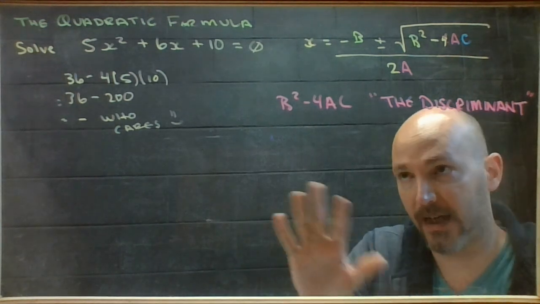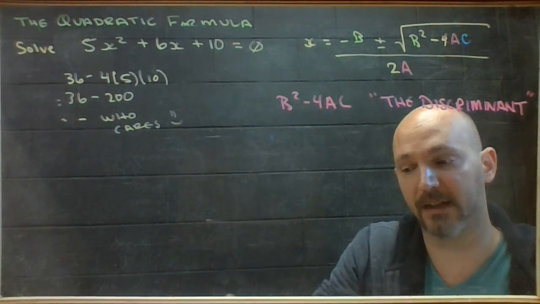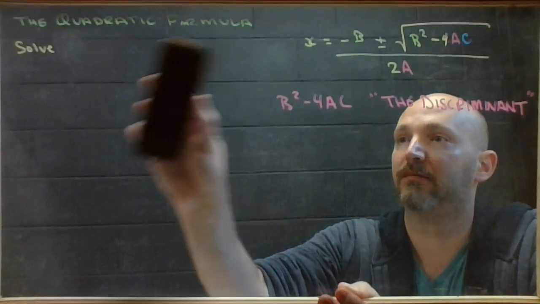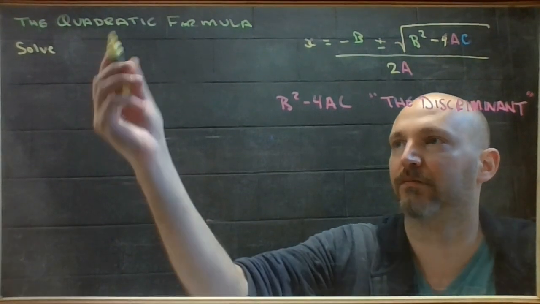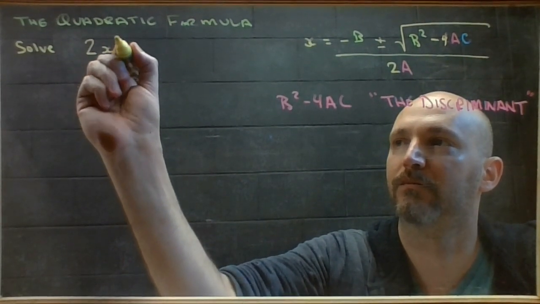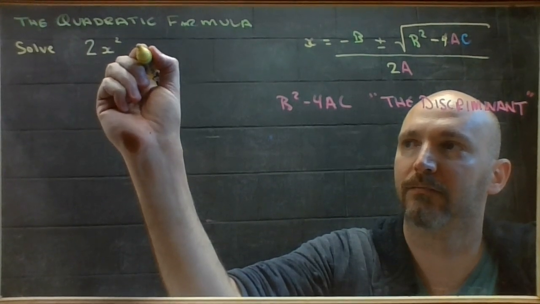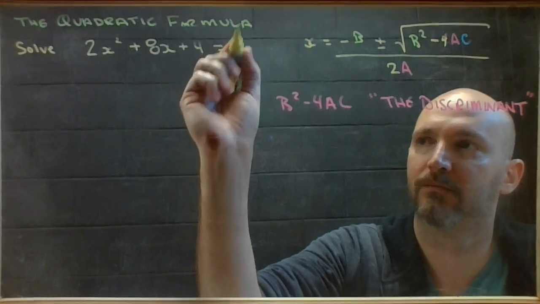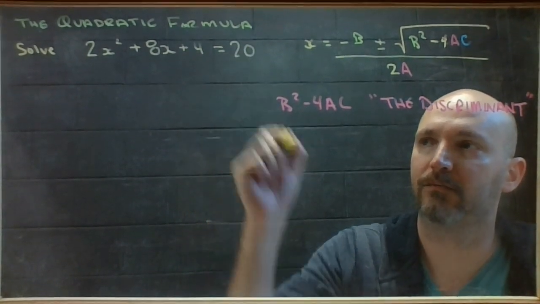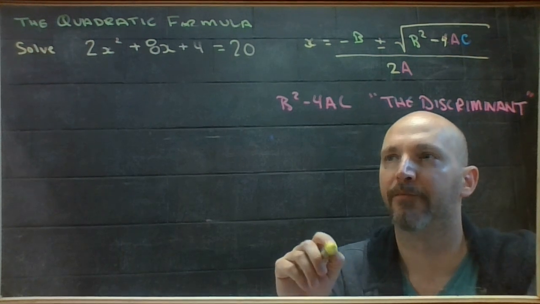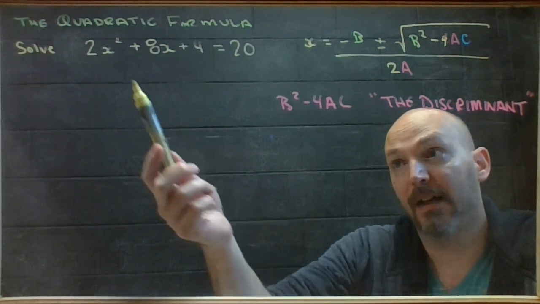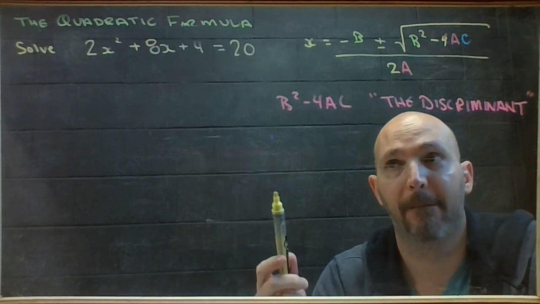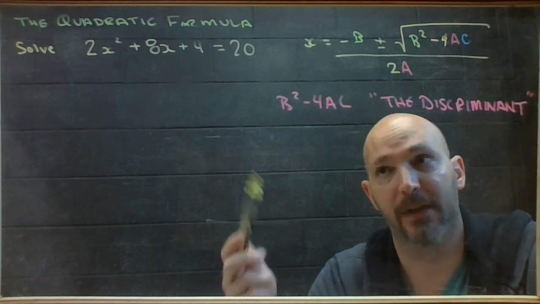So I do have one last example to do where there's a number here, and then I think we're good to go for the practice problem. So I still have an A and a B and a C, but this time there's a number over here. And there's no place in my quadratic formula for that number.